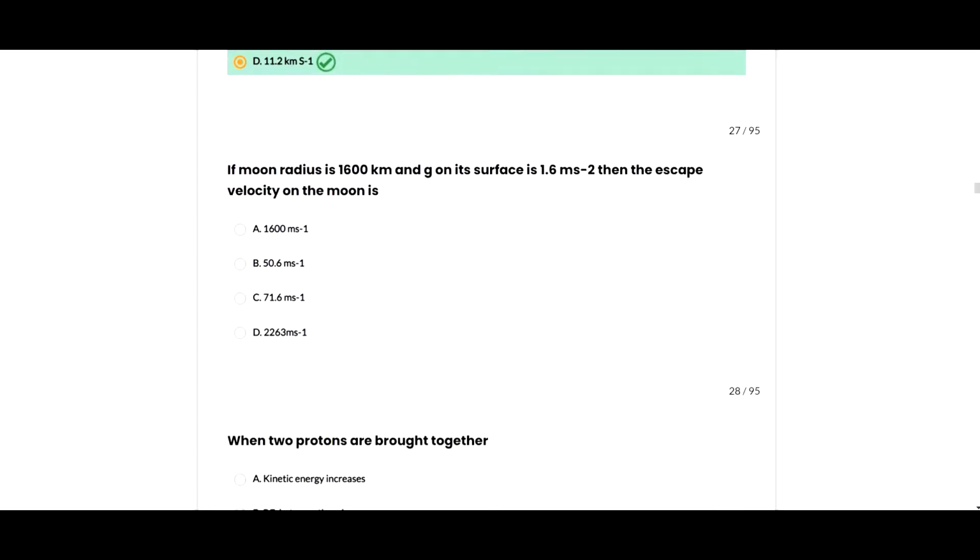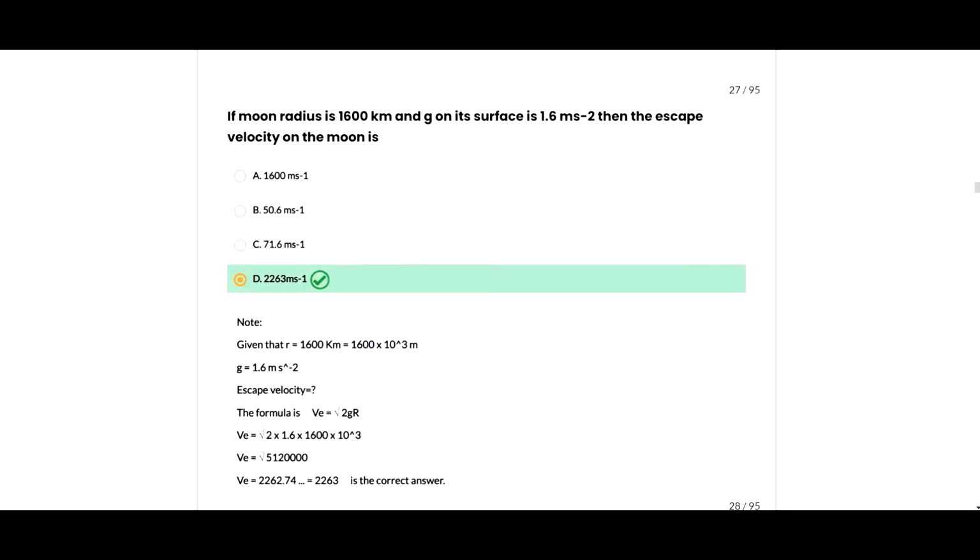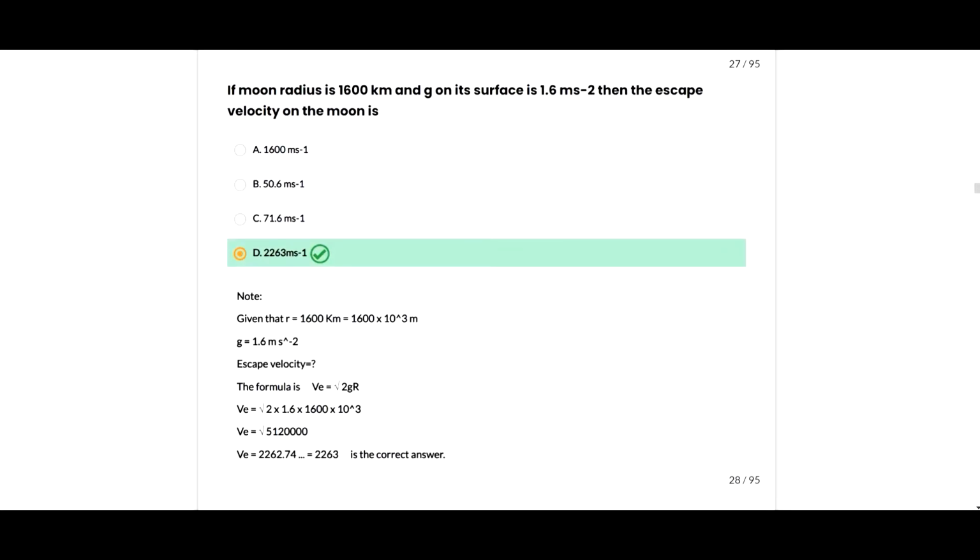The next MCQ is, if moon radius is 1600 kilometer and g, which is the gravity on its surface, is 1.6 meter per second square, then the escape velocity on the moon is given by. So here is the correct option. D option is correct. As given here, R is equal to 1600 kilometer, which we can write as 1600 multiplied by 10 raised to power 3 meter.